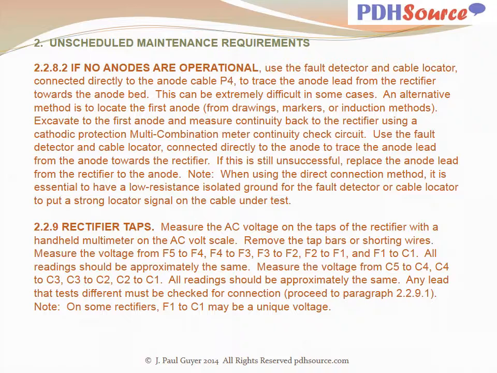Measure the voltage from C5 to C4, C4 to C3, C3 to C2, C2 to C1. All readings should be approximately the same. Any lead that tests different must be checked for connection, in which case proceed to paragraph 2291. Note that on some rectifiers F1 to C1 may be a unique voltage.